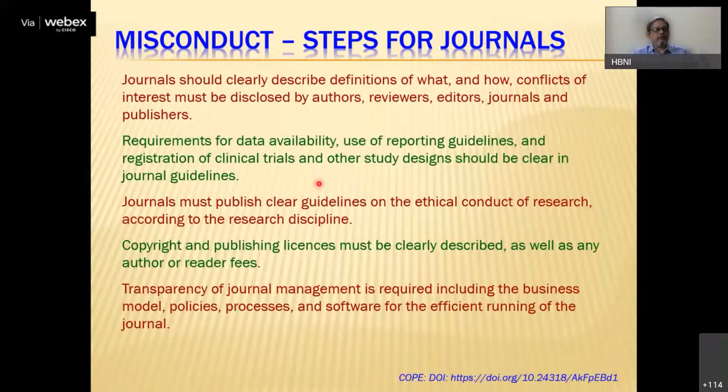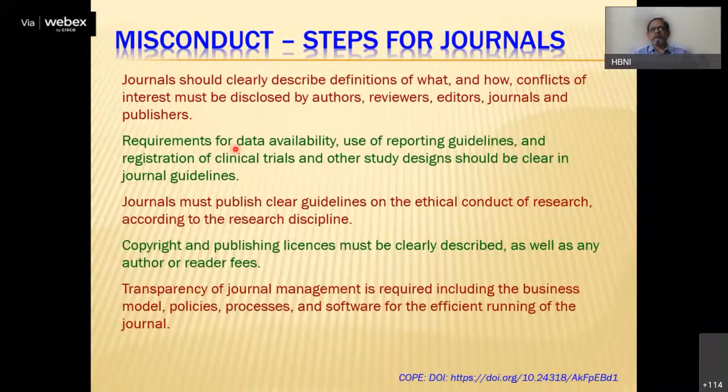Then requirements of data availability, use of reporting guidelines, and registration of clinical trials and other study designs should be clear in the journal guidelines. Now, what do you mean by data availability? As compared to the earlier days, when you publish some research in some journal, you publish certain data, graphs, etc., based on certain data.